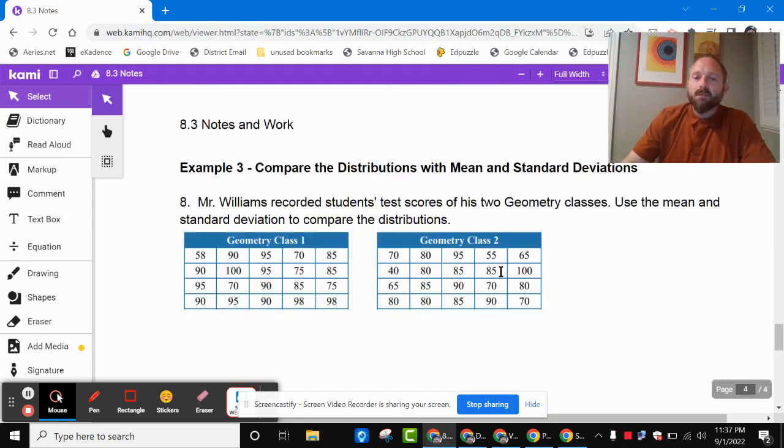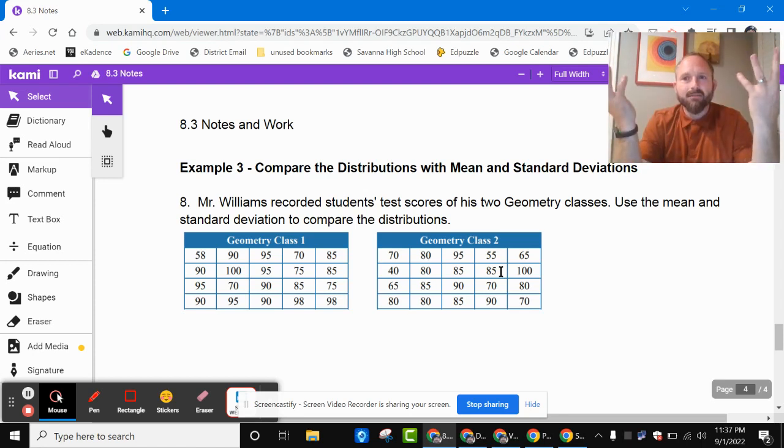So compare the distributions in mean and standard deviation. Okay. So the two things I'm going to do is find the means of both and find the standard deviations of both. And then I can describe and compare them. That's it.